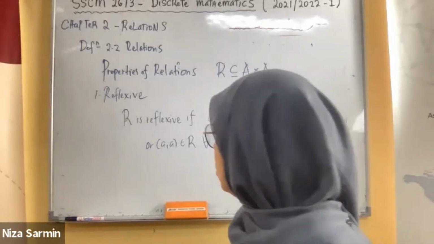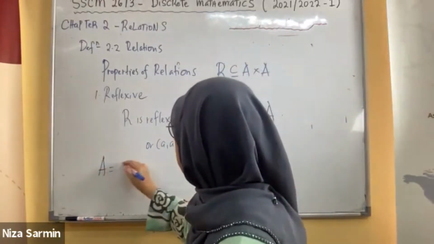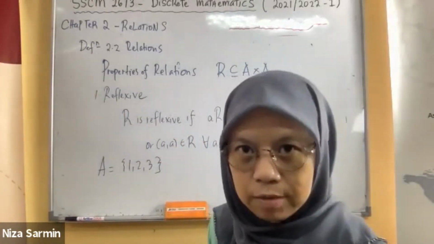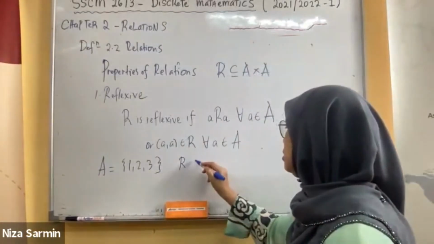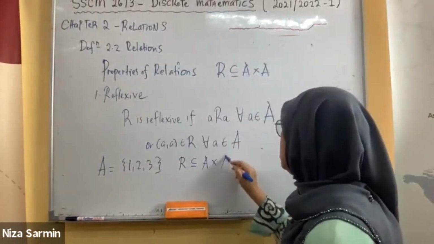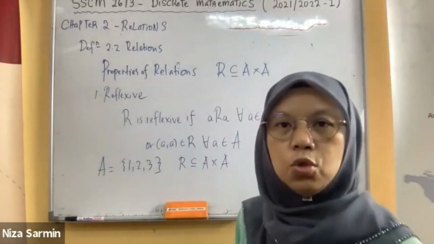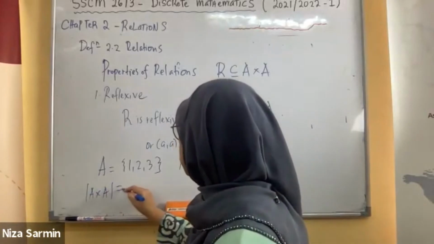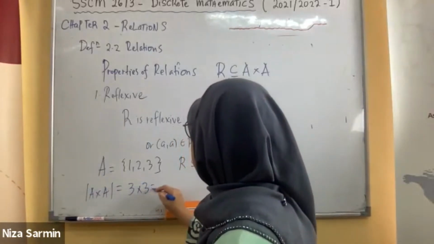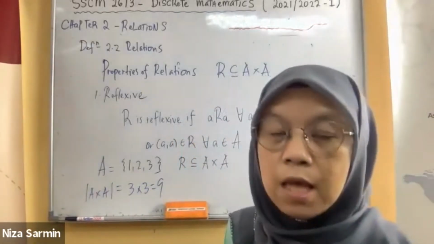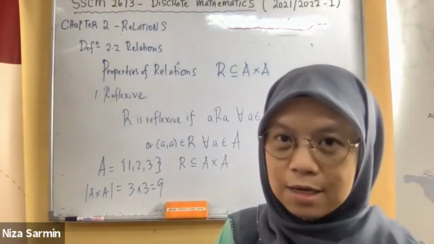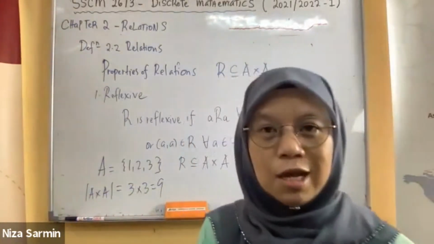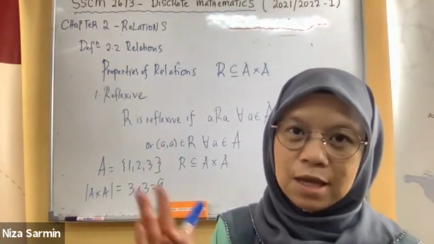Okay, now if I give you an example, A is 1, 2, 3. Then your R, you know it's contained in A cross A, which has 9 elements, but R can be any subset of the 9 elements. It can be the whole 9, but it can be less, cannot be empty.